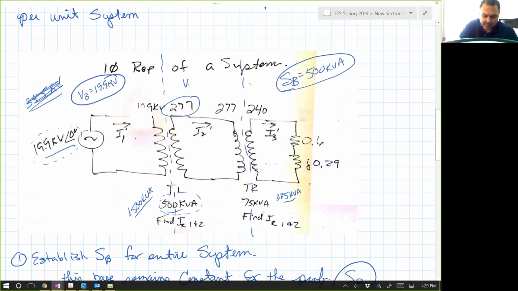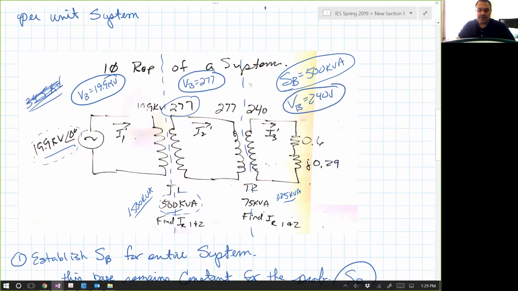In the middle here, V base 277. And here, on the right-hand side, V base 240. And I circle them so that I know what those bases are in each region. Because remember from our discussion before, in each region we could calculate I base and Z base. But we normally don't do that until we need it.